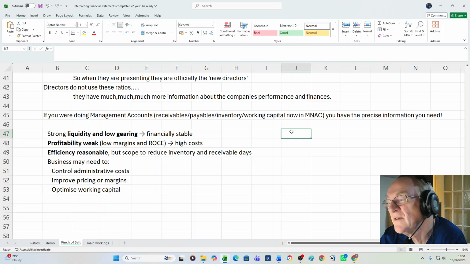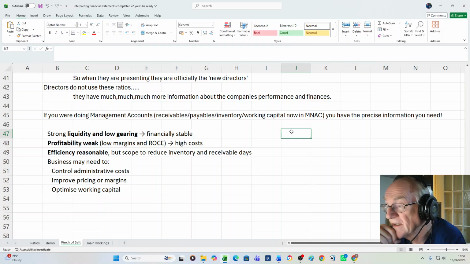It's usually down to high costs, or bad pricing strategies. And then we can only be reasonably efficient. It's very hard to compare one business to another. It depends on the buildings, the structure, the size, the financing. Two very similar companies will look very different in terms of the balance of cost of sales and overheads.